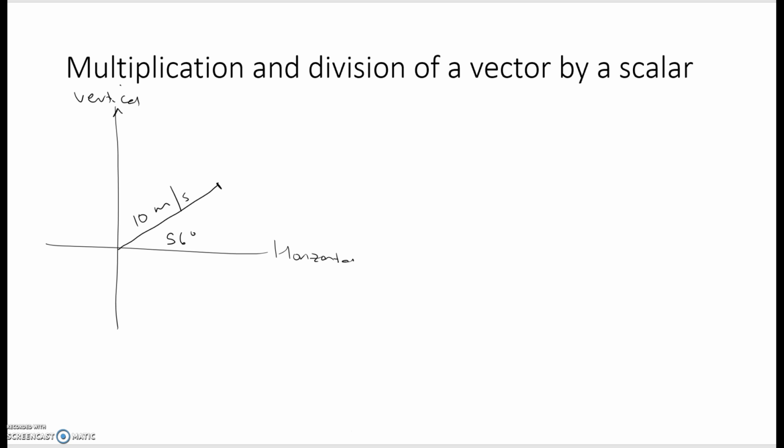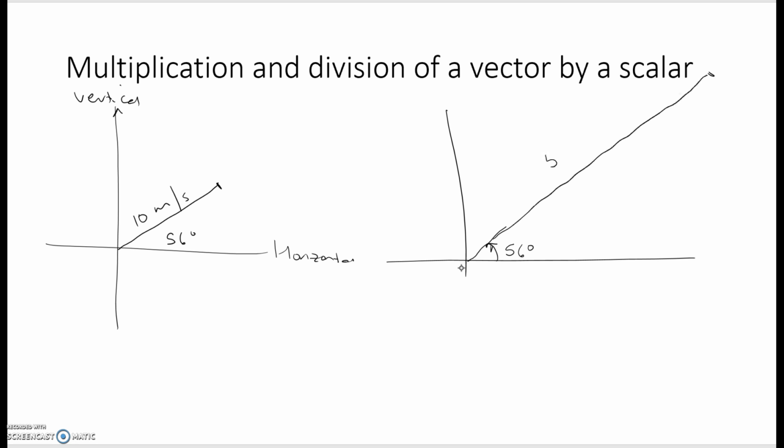If we multiply that vector by, say, 5, then the new one is going to be the same angle, 56 degrees, but it's going to be 5 times as long. So then we would say that was 50 metres per second. You'd have some sort of appropriate scale so that my 10 metres per second and the 50 metres per second were on the same scale.